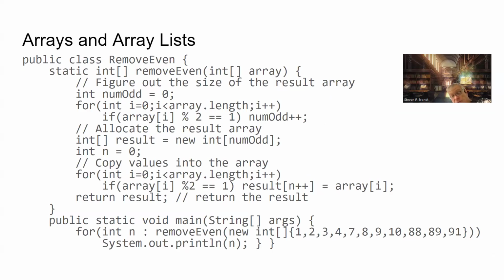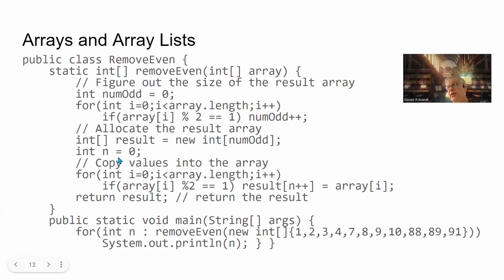So we go through the loop, start at the beginning, go to the end, standard for loop. And we say if array[i] % 2, that's modulus 2, is equal to 1, then num_odd++. Okay, now we know the number of results in our answer. We couldn't save those results as we were going along because we didn't have a place to put them, but now we know the number, so we can allocate the result.